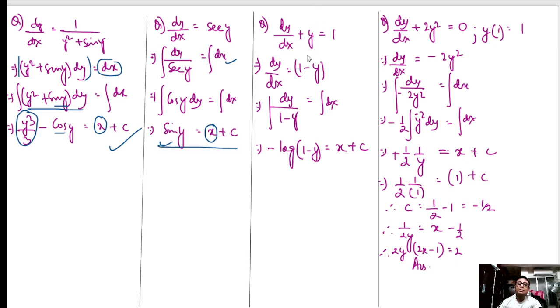Now separating the y and the x. See how we separated the y and the x. These are all the y parts, and these are the x parts, putting an integration before it. So integration of dx is x. Integration of 1 minus y is minus log 1 minus y, and that is the solution of this. Please watch here. Why this minus?